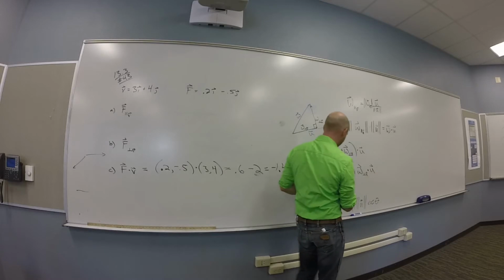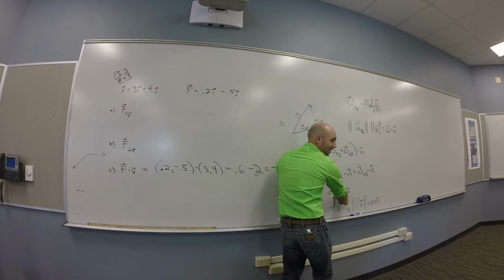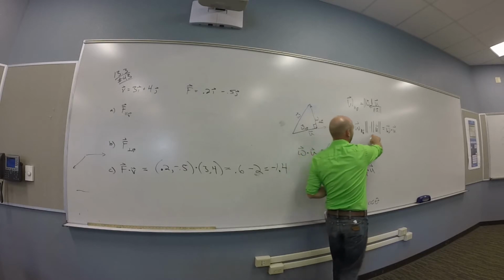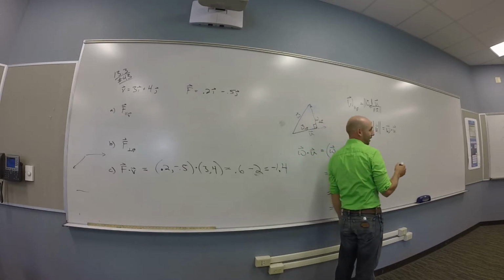You guys see that's a little different than right here, where I could think about dividing by u? But this is a dot product with a vector, so you can't do that. But here, this is a scalar, so I can divide by that thing.